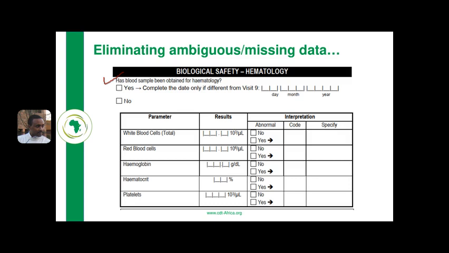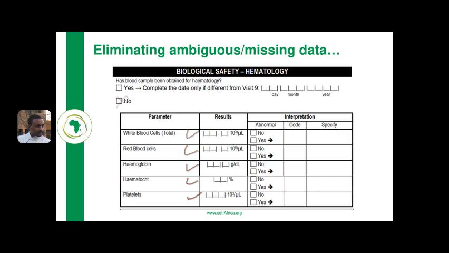If the answer is yes, then we expect each section of the lab parameters to be entered. To the contrary, if the answer is no, then we automatically expect each lab parameter to remain empty. This way we can make sense out of empty fields.